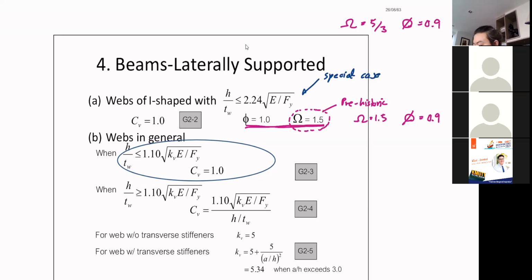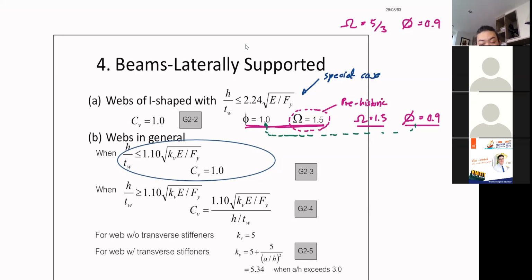Now, for some reason, in ASD in the old days, they used a factor of safety for shear equal to 1.5. But then LRFD began by using 0.9. So we are losing that relationship. They didn't know what to do except to change phi equal to 1, so that the magic number is maintained.